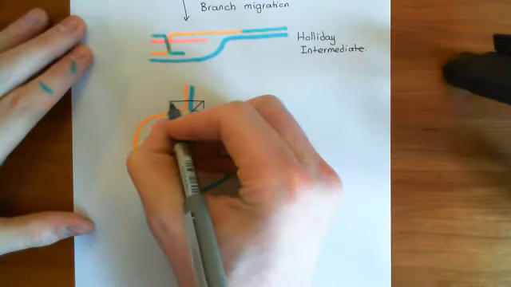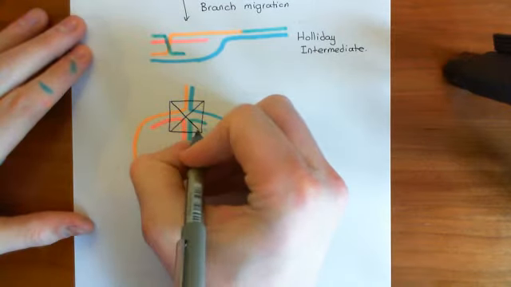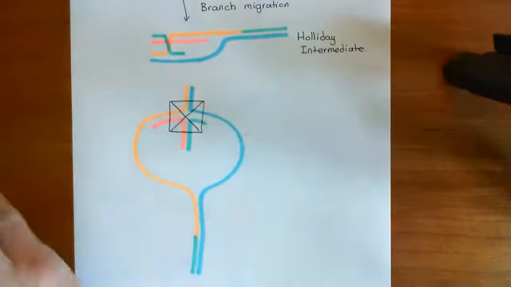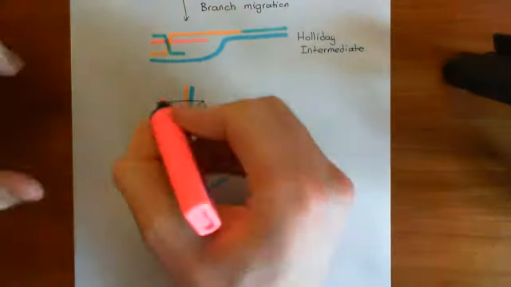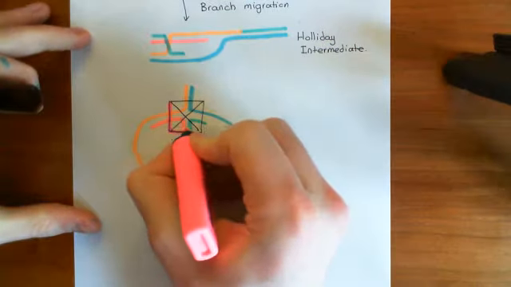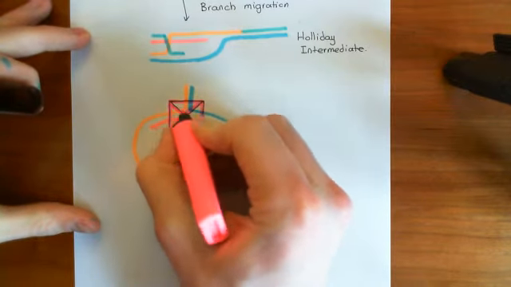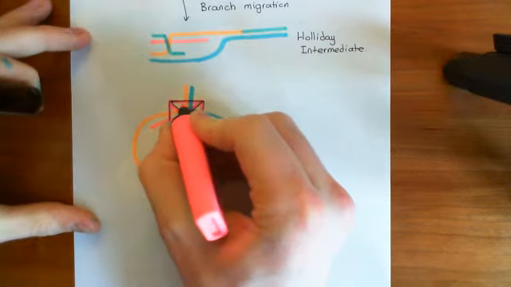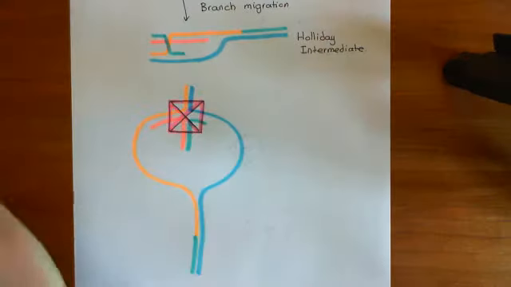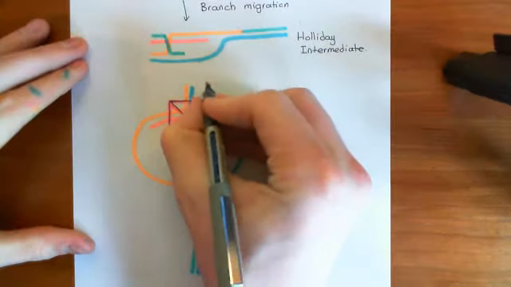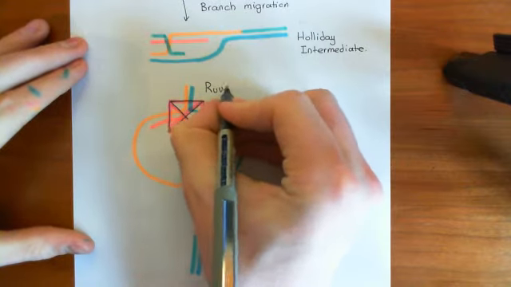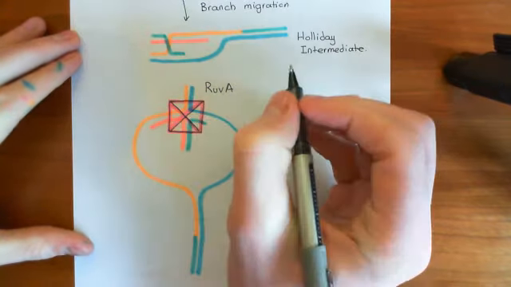Okay, and 4 proteins are going to bind to this holiday junction here, and these 4 proteins are identical. Okay, so here we have them in vivid purple here, and these 4 proteins, 1, 2, 3, 4, are all known as RUV-A proteins. So all of these pink triangles, they are RUV-A proteins.